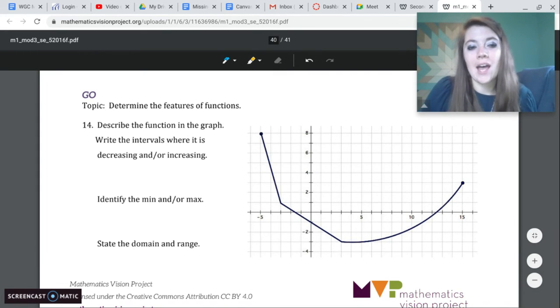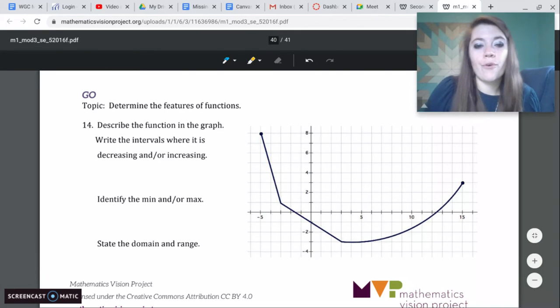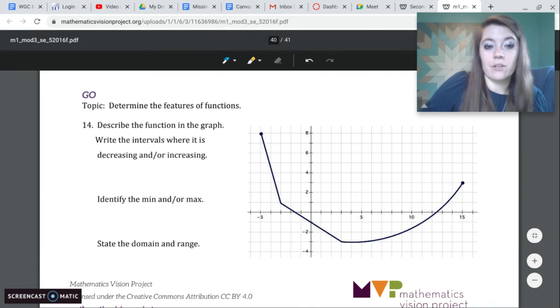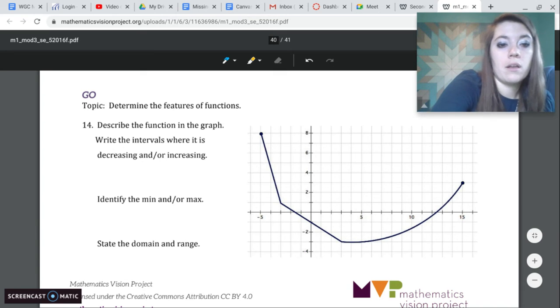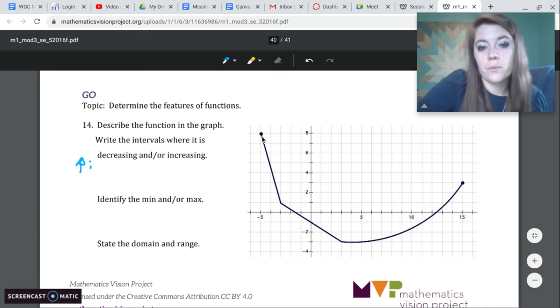So we're going to look at number 14 here. So for the increasing interval, so where it's going up, if we look, we're starting here at -5. We're going down, down, down, down, down, down until we get to x equals 3.